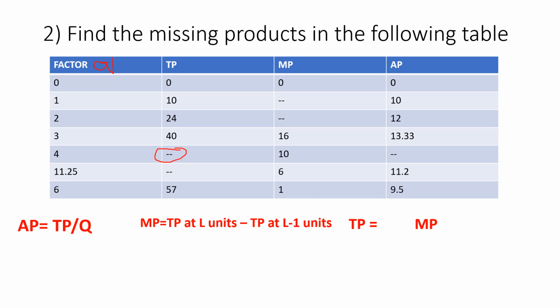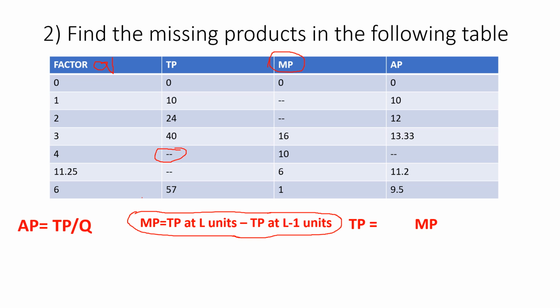Now, in this question, we have to start with the calculation of MP, marginal product, and the remaining answers will come automatically. For that we should know the formula. So marginal product is equal to what? It is equal to TP, total product at L units, minus TP at L minus 1 units.